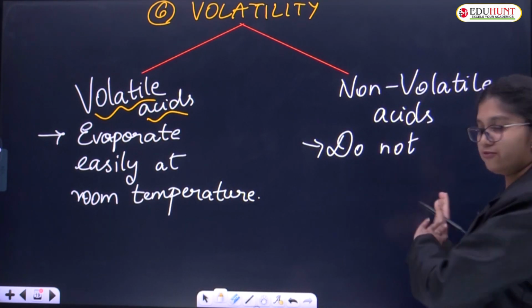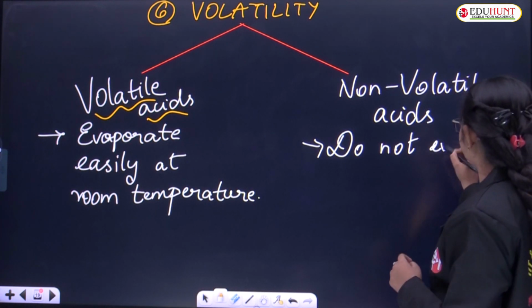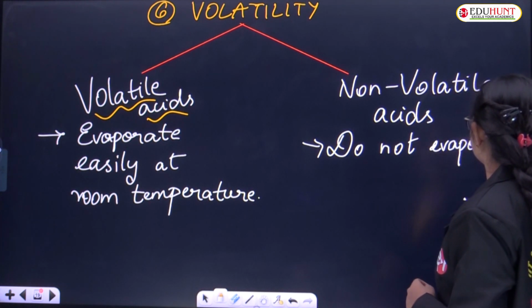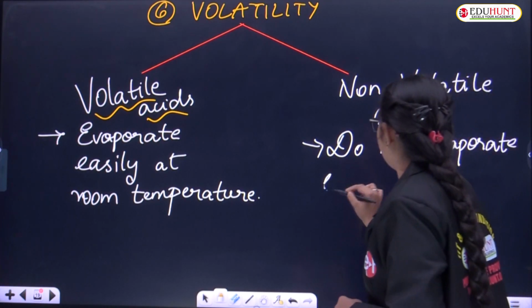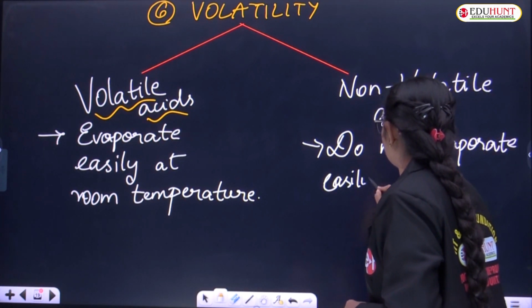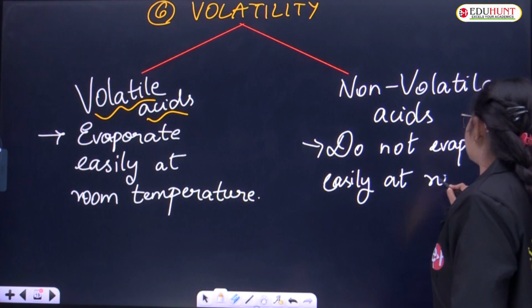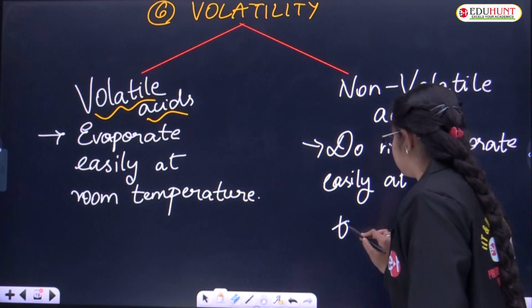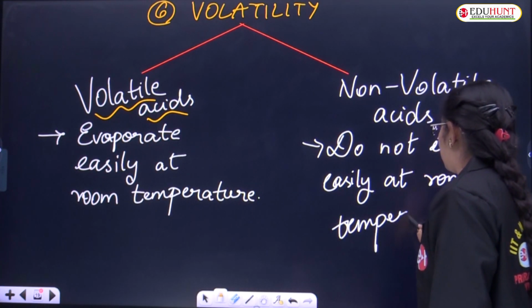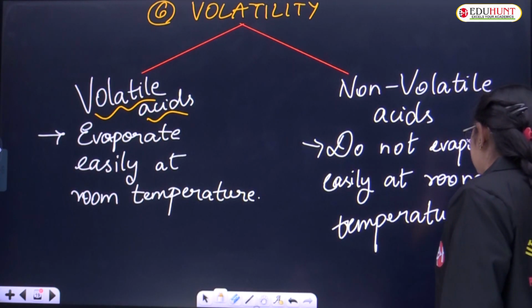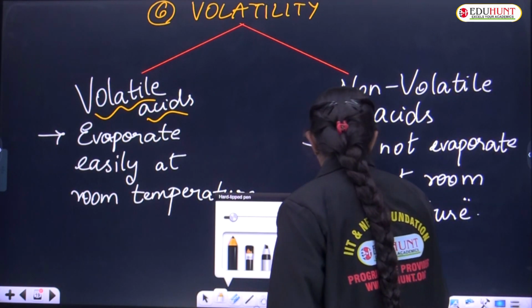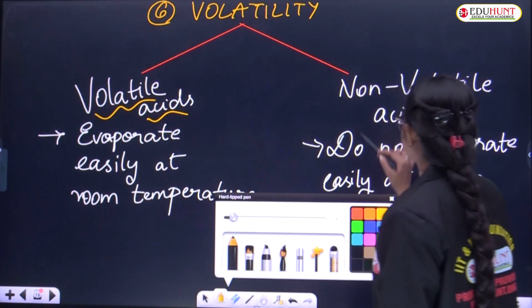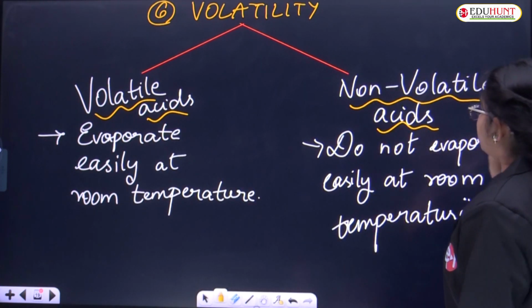Coming to the next, non-volatile acids, which do not evaporate easily. This is completely different, quite the opposite. Those acids which do not evaporate easily at room temperature are called non-volatile acids. Once again, those acids which do not evaporate easily are called non-volatile acids.